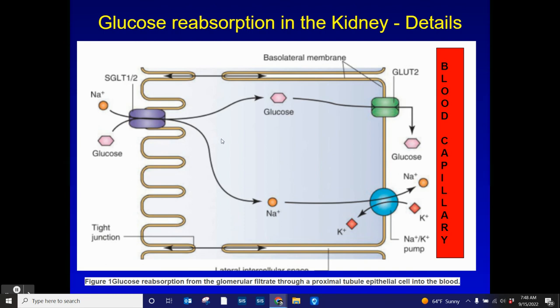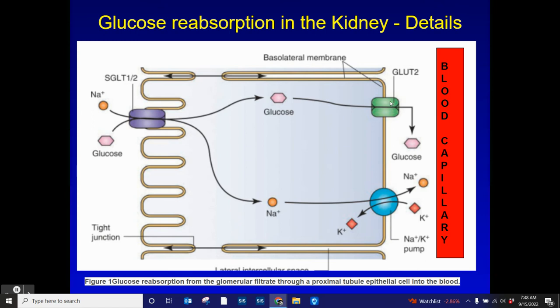This helps to maintain a low concentration of sodium within the cell, a higher concentration outside. So sodium is going to diffuse down its concentration gradient through this co-transporter, pulling the glucose with it. And glucose is relatively high in concentration within this particular cell.